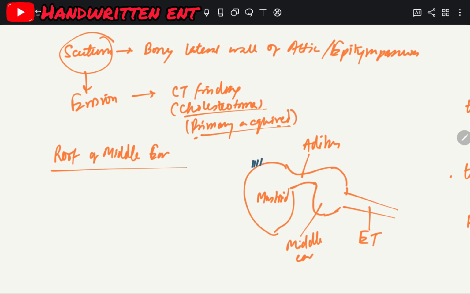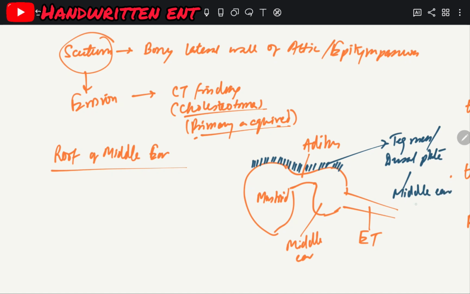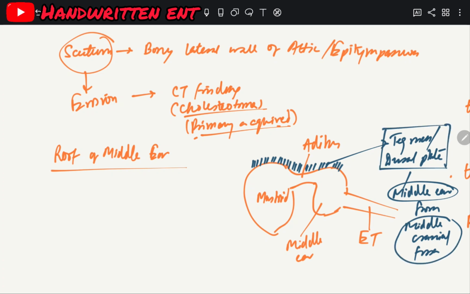There lies a bony plate above the mastoid and the middle ear, known as the tegmen or dural plate, and it separates the middle ear from the middle cranial fossa. So the middle ear is separated from the middle cranial fossa via the tegmen or dural plate.